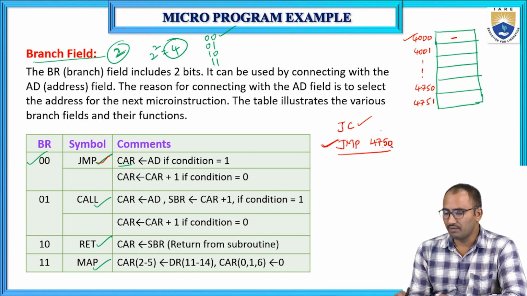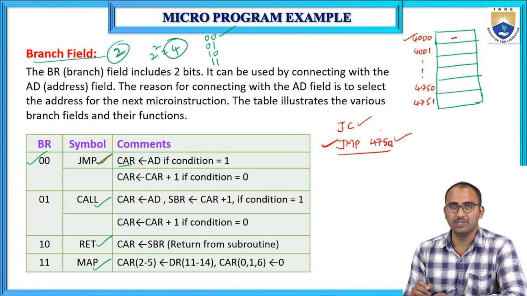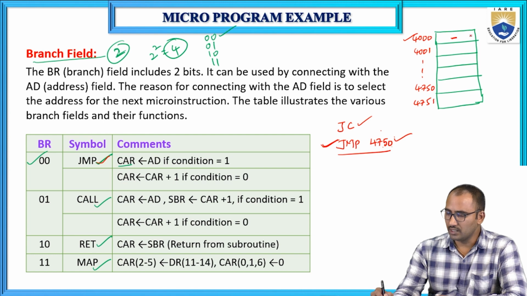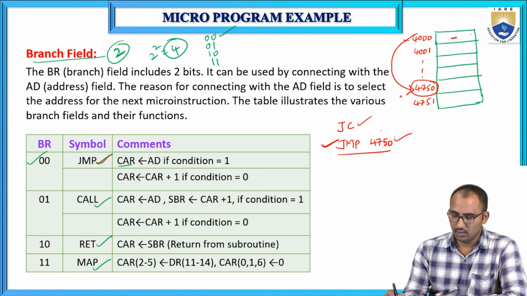Jump 4750. So if the condition is true, it will jump to the address 4750. From here it will be transferred to the 4750 location. That's why this 4750 address we have to load into the address register.